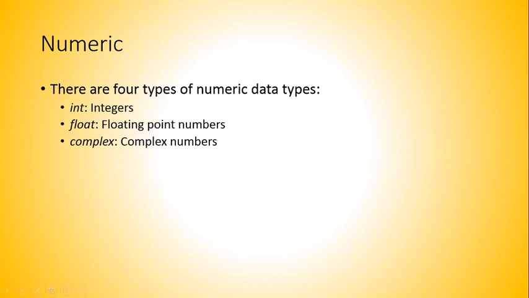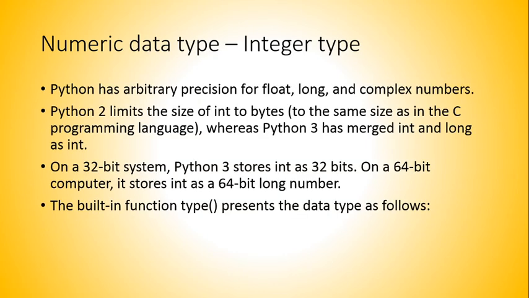The integer data type in Python, as you can see here, we can say there are mainly 3 types of data type: int, float, and complex number. As a result, the limit of the length of the numbers is subject to the availability of memory.